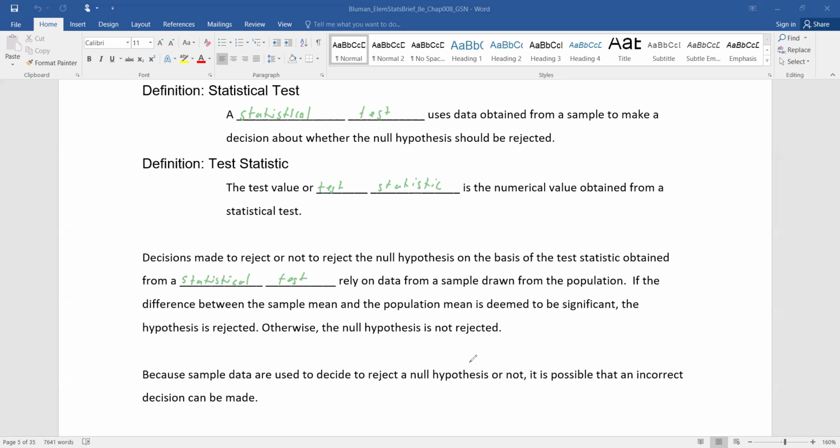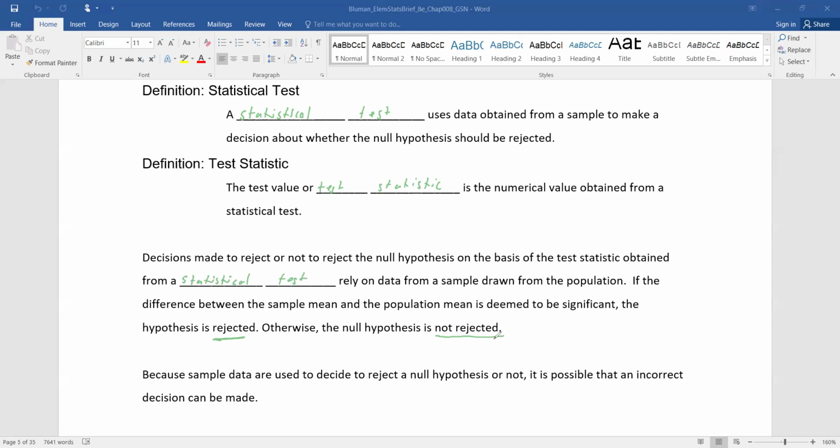So notice the wording there. If there's enough evidence, we're going to reject that hypothesis. But if there's not enough evidence, notice that we simply don't reject it. We didn't accept any hypothesis. You either simply reject it, and that's not saying that the alternative hypothesis is true.